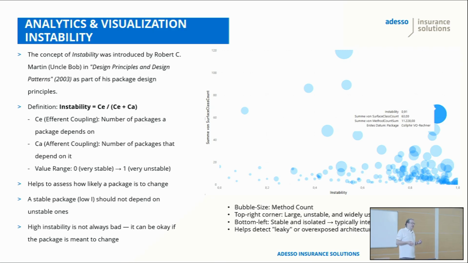If there is a package that has a lot more outgoing references, we can consider this a little bit more unstable, because any time a referenced package changes, we might need to change the package that we're currently looking at. So this might be considered unstable, while if only other packages are using my package, that might be considered stable.